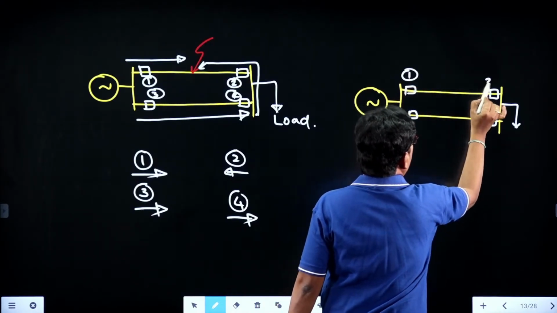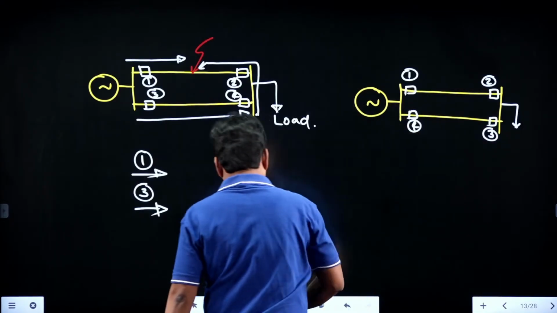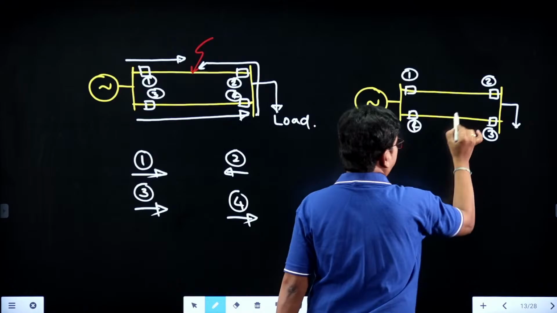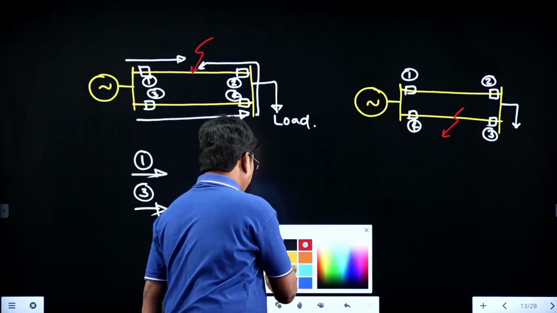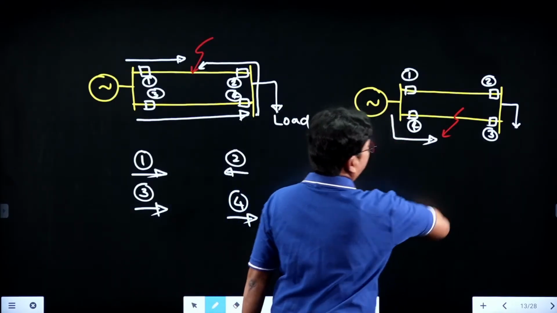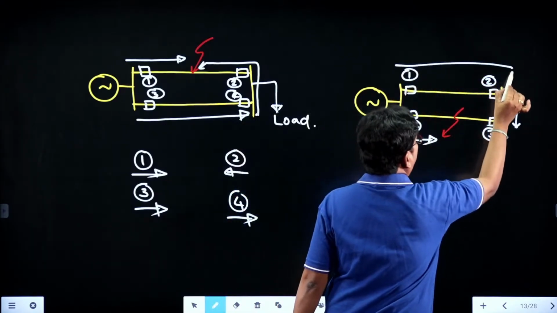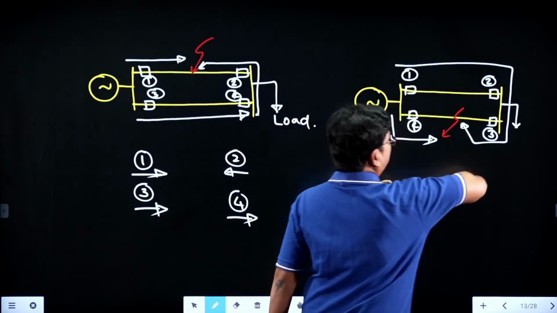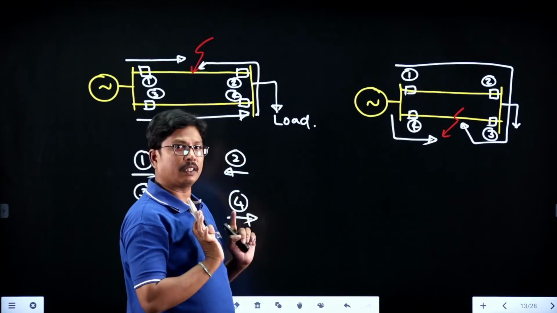Now we have the fault here. The fault current in line 1 is flowing in this direction. In line 2 it is flowing in this direction. So they are meeting at the fault point.